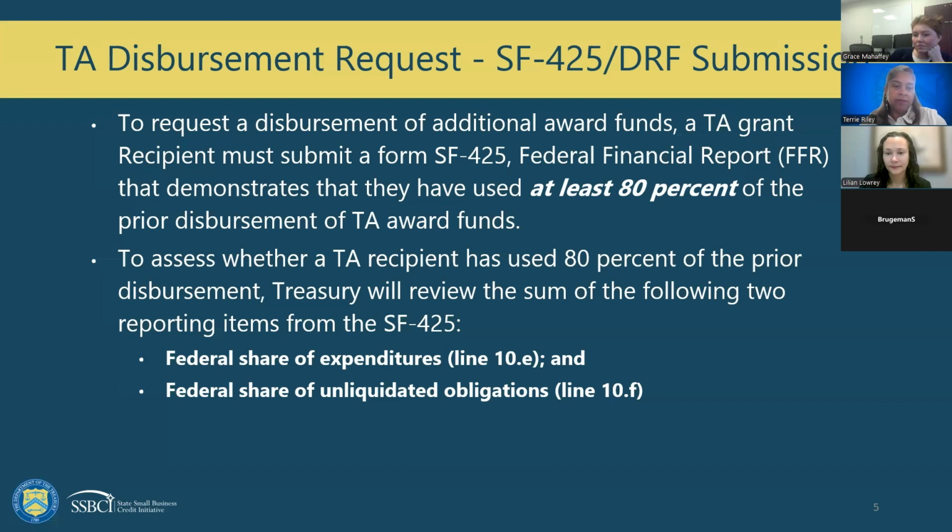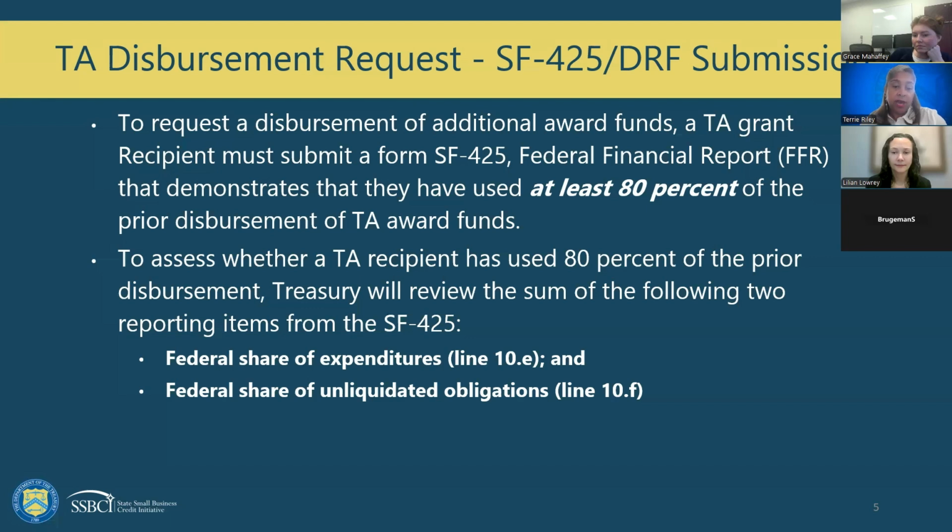And then if you have reached it at the advent of your semi-annual report, then we can use that SF 425 to initiate the process. However, if you are close but not quite, we will ask that you resubmit your 425 when you have reached that 80% threshold.